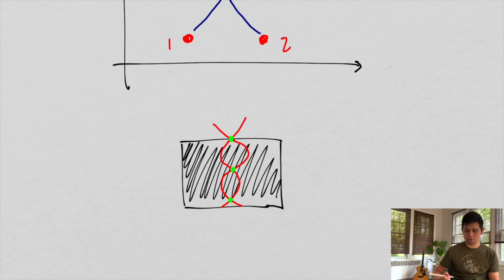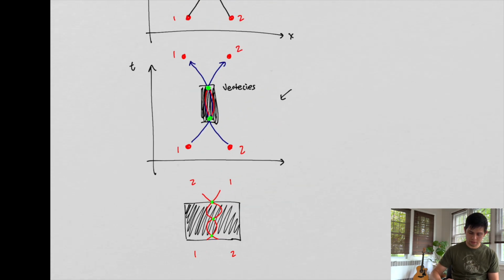This would be a third order approximation to some event in which 1 and 2 yield, let's see, if we follow these lines, we get, so 2 ends up here and 1 ends up here.